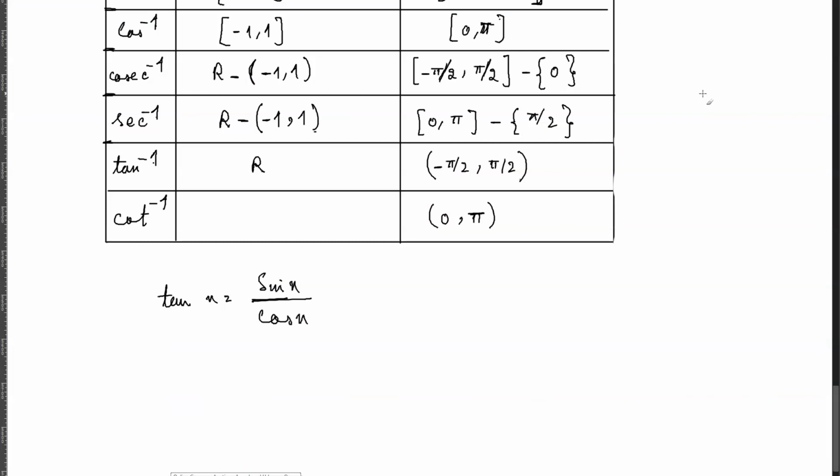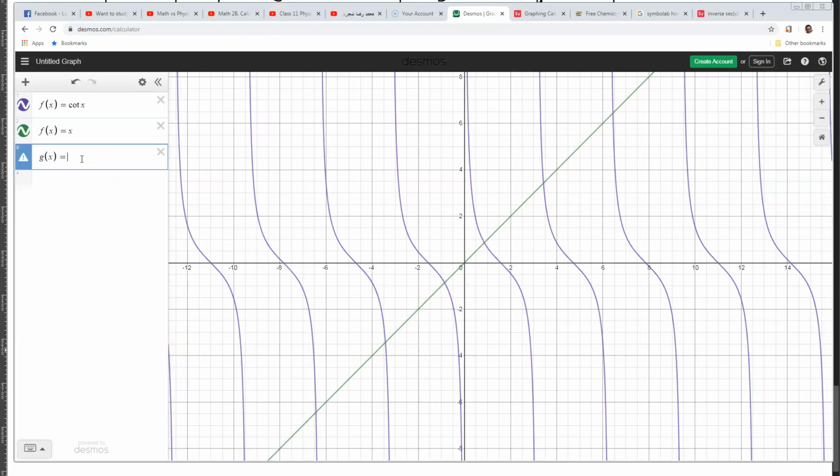So the domain of the cot inverse function becomes R. And so if you draw the graph of this function, cot inverse of x, you will get this function over here. As you can see, the two functions, this part of the function and this inverse function, are symmetric about this line y is equal to x.